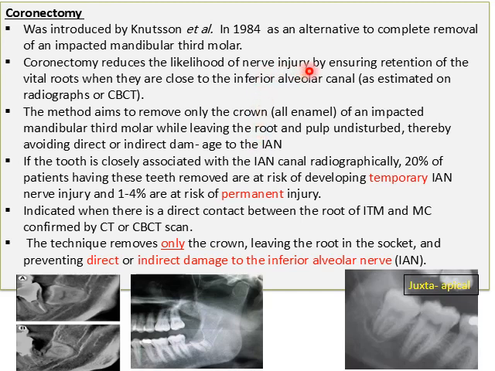When we do elevation of the third molar, we might get numbness in the area of the third molar, and this numbness might be temporary or permanent depending on the type and the degree of the injury.